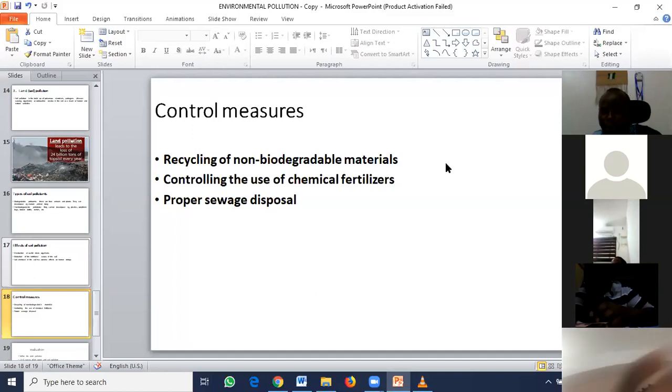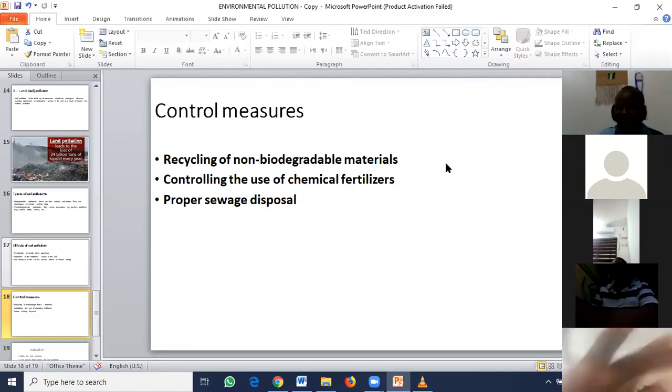Then you control the use of chemical fertilizers. You remember in one of the lessons I told us that when fertilizers are used in excess, rain water and erosion can wash them away from the place where they are needed to other places, either to pollute the land or to pollute water.